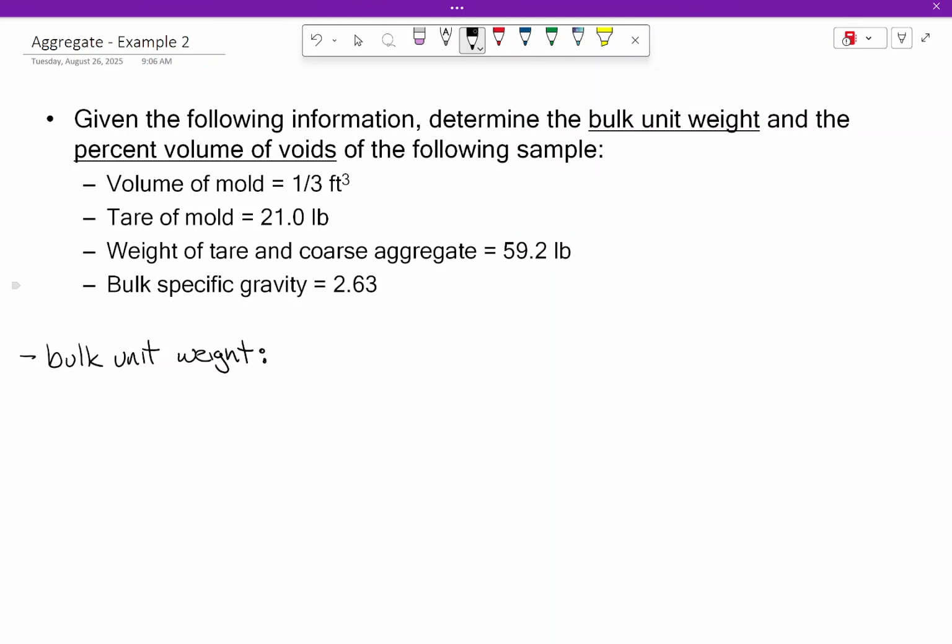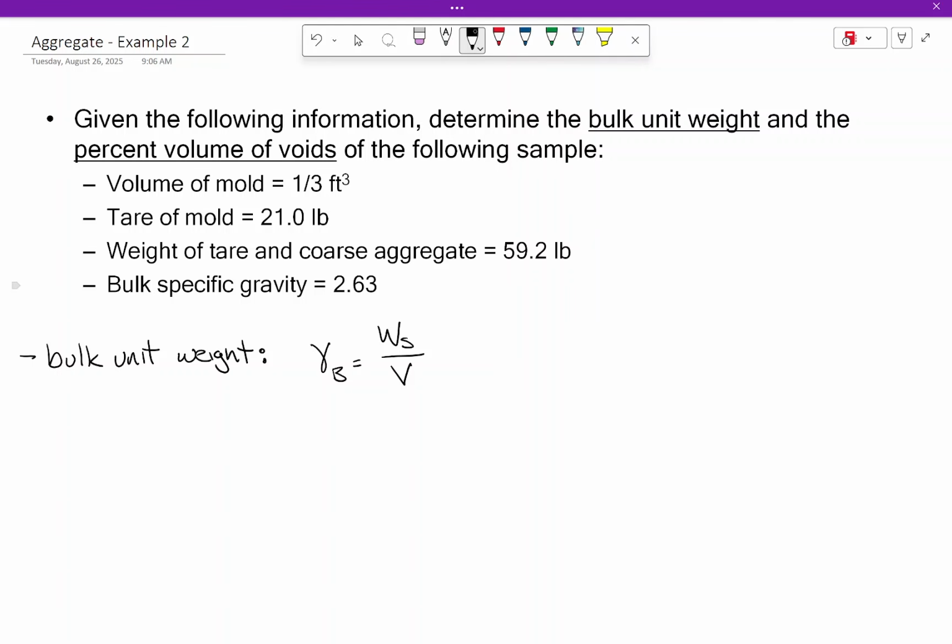Now the bulk unit weight, which we'll call gamma sub B, is essentially just going to be computed as the weight of the solids divided by the volume. Again, this is just a unit weight. It's weight over volume. Let's see if we can work this out.